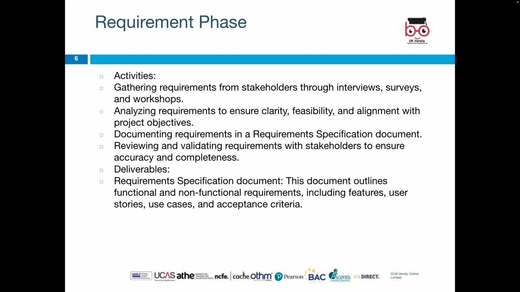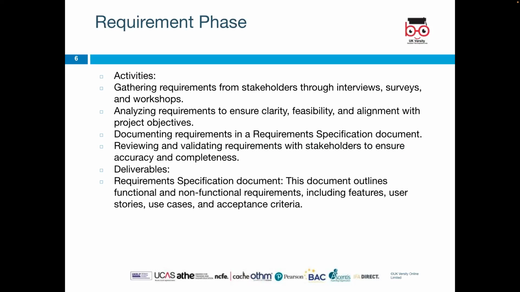The activities done here involve gathering requirements from stakeholders through interviews, surveys, and workshops. It also involves analyzing requirements to ensure clarity, feasibility, and alignment with project objectives. Documenting requirements in a requirement specification document.